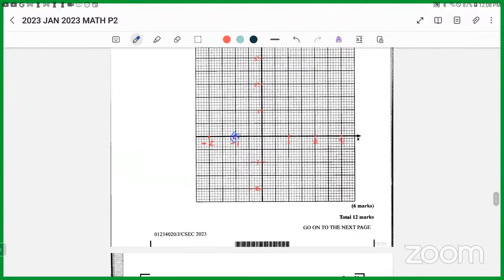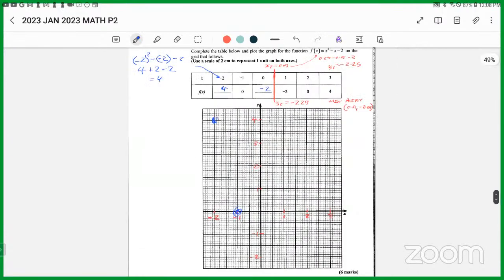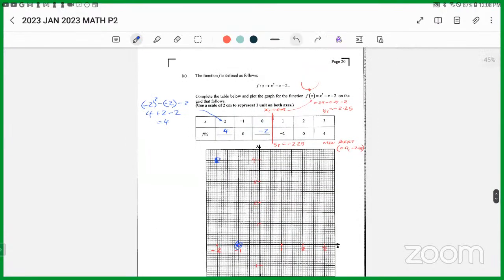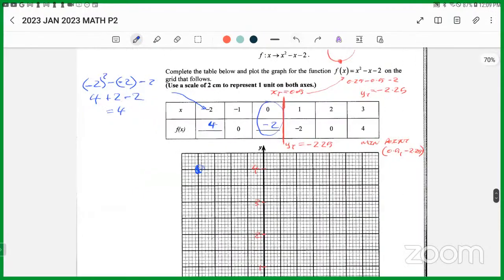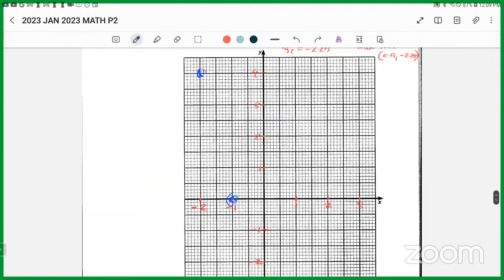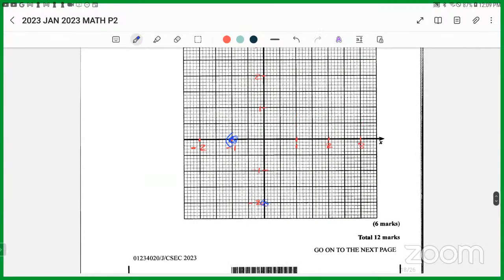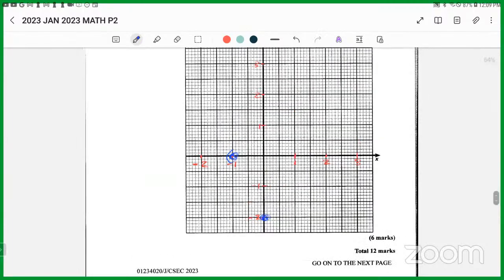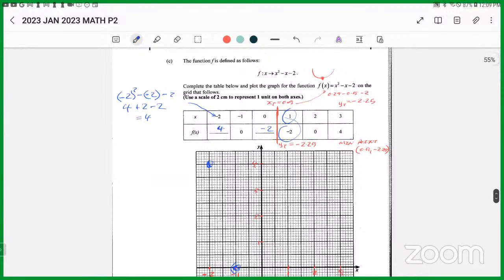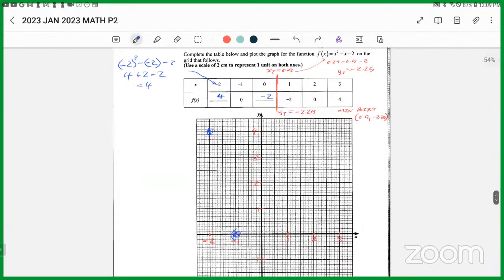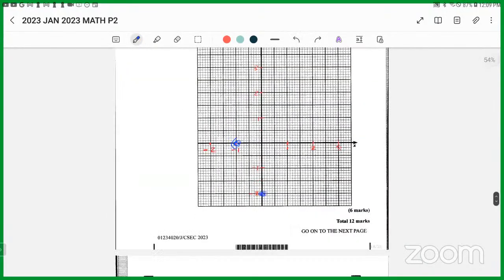This point was 0, -2. That's on the y-axis, the y-axis intercept, right here. Then it's symmetrical. They go 1, -2. 1, -2 is right here.